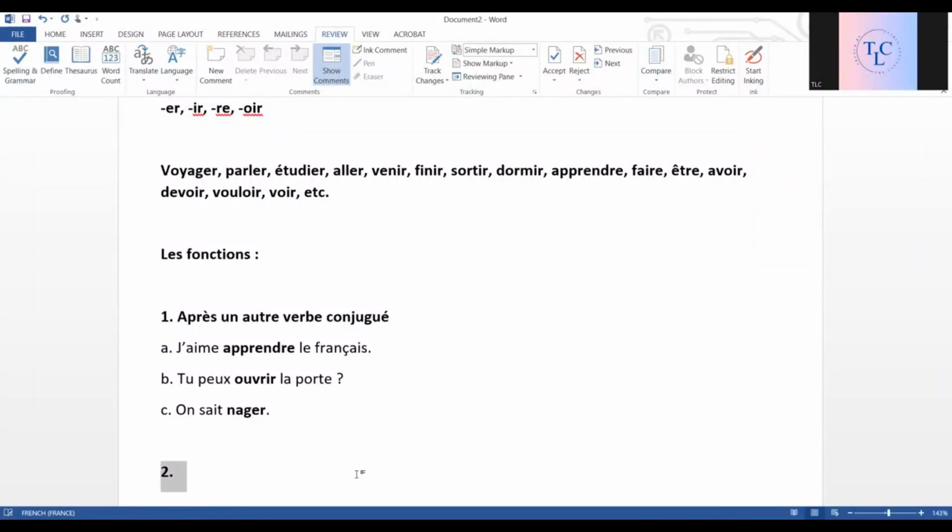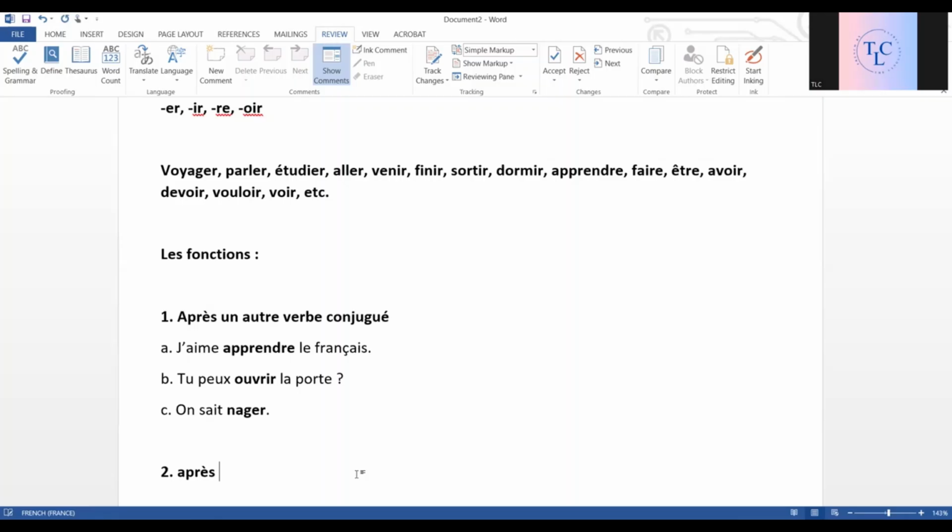The second one is, you know that certain verbs are followed by à or de in French. And there are other verbs like aimer, pouvoir, savoir that are not followed by any preposition. But if they're followed by preposition à or de, and we need to put a verb after it, then also that verb will be in its infinite form.